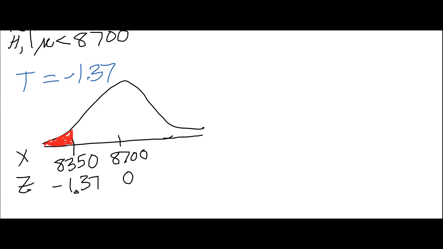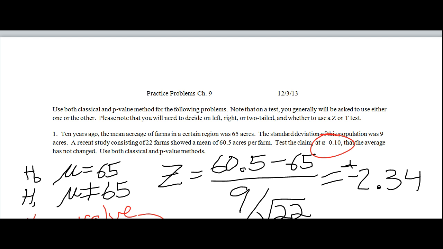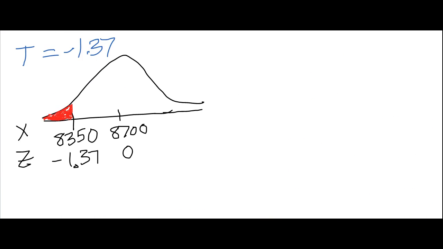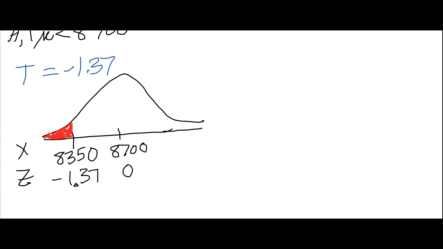What is the probability of getting something less than 8,350, assuming that 8,700 is the true population mean? So I need to find this probability of having a t-value. That is a t-score, not a z-score. What is the probability of getting a t-score of less than negative 1.37?